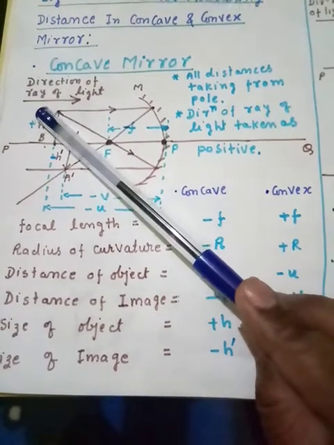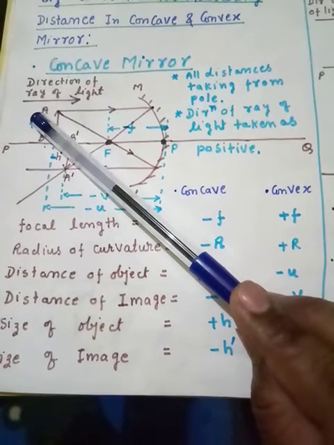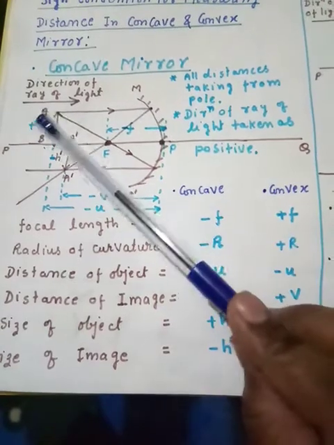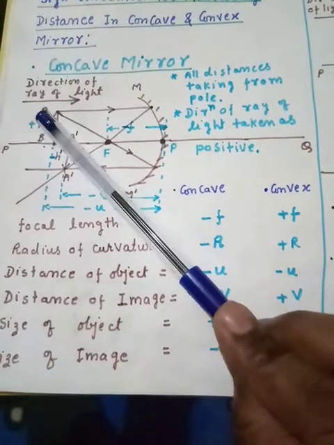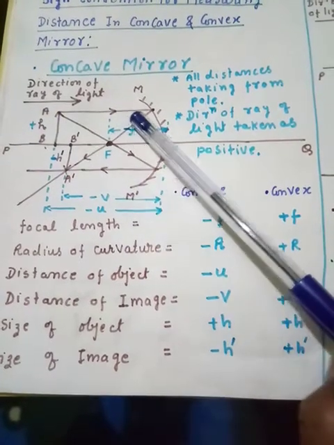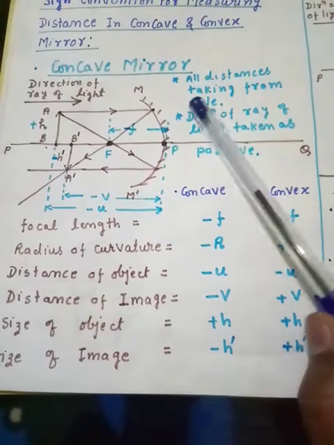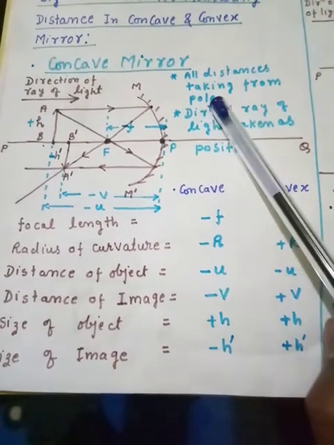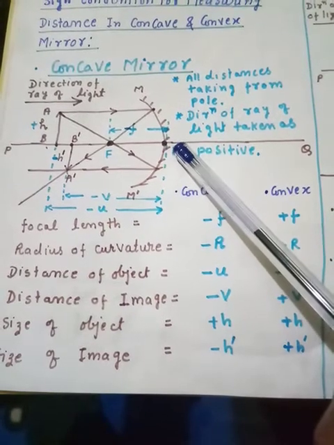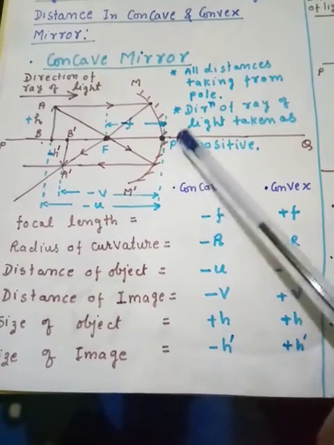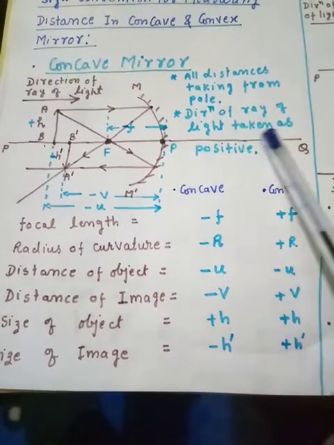Any distance we take in the direction of a light ray, we take it as positive. All distances are taken from the pole. Again I am repeating, the direction of the ray of light is taken as positive.